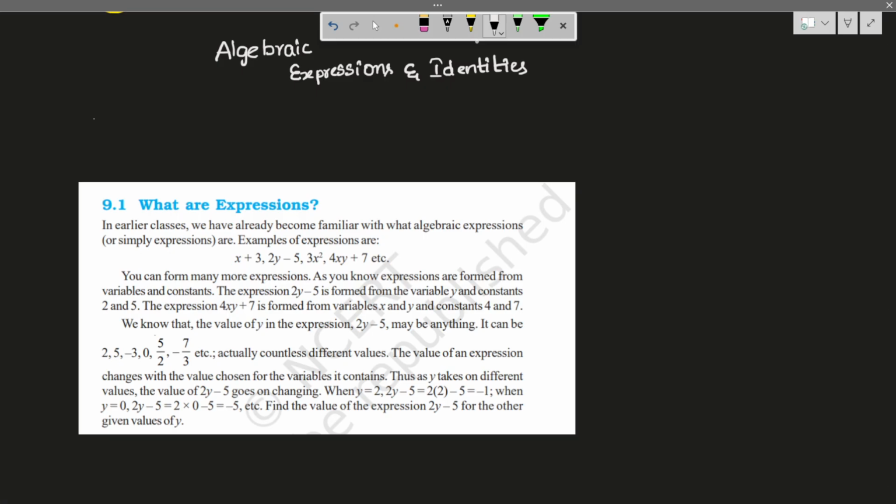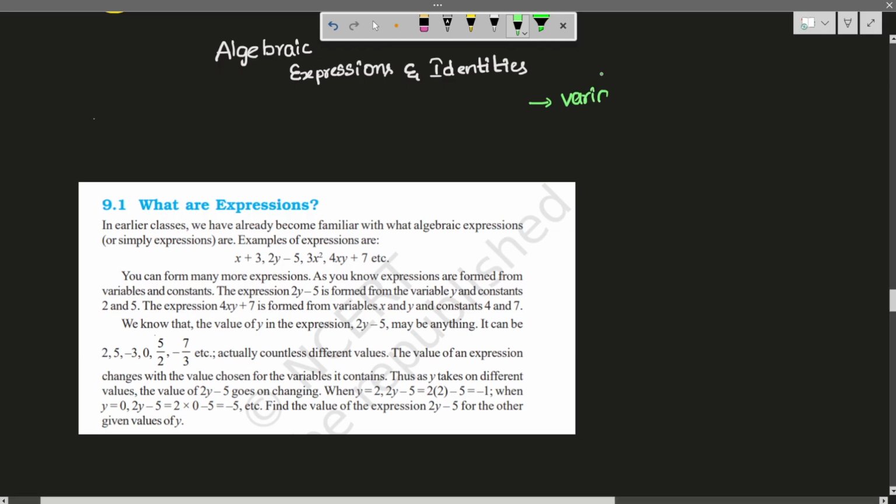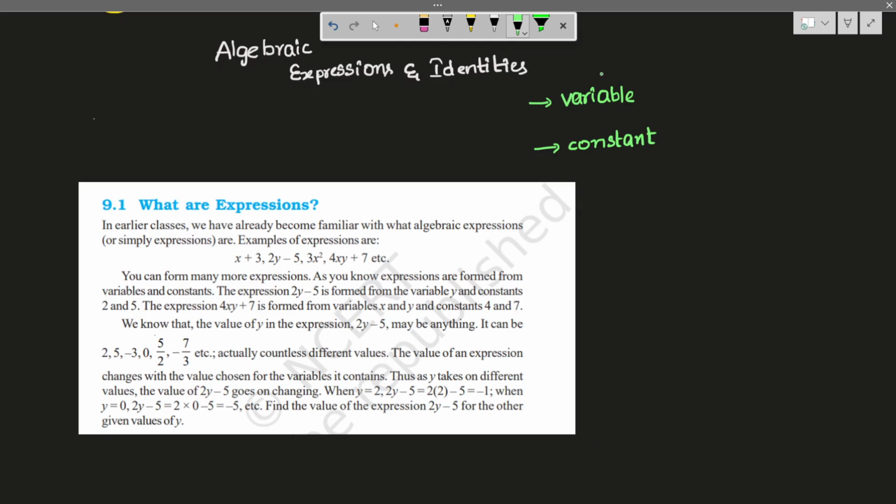Before discussing what an algebraic expression is, we must discuss what a variable is and what a constant is. If you want to make it as simple as possible, we can directly say that a variable is nothing but an alphabet.